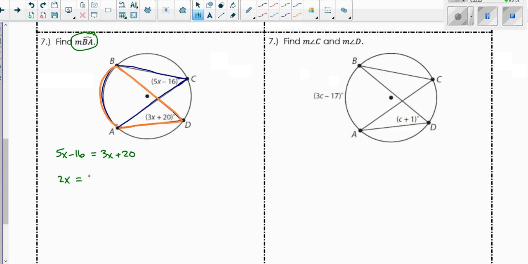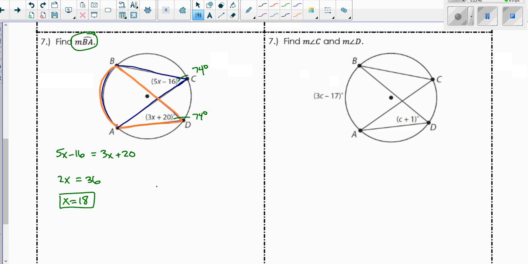So let's solve. I get that x is 18. All right, if x is 18, I'm going to go back and substitute. 3 times 18 plus 20 tells me that this angle is 74 degrees, which means the other angle should be, but I'm just going to double check. 5 times 18 minus 16. This one is 74 degrees as well.